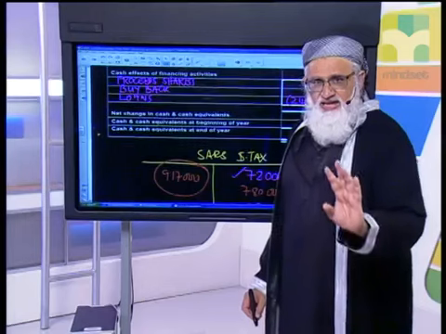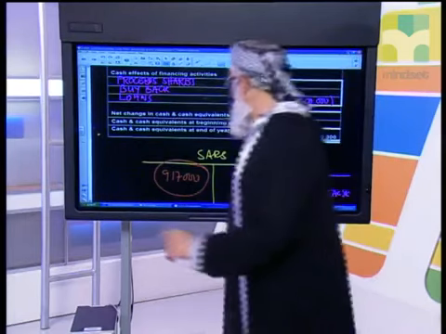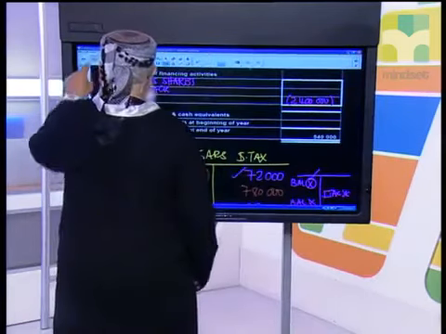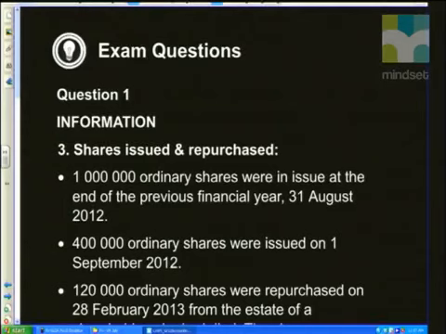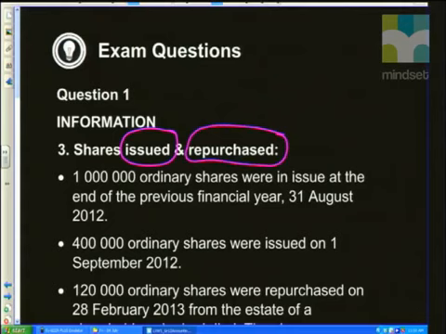Very, very important. Let's look at the information that we have regarding our shares. Shares were issued and repurchased. So immediately the question is telling you, yes, you issued shares, and two, yes, you also repurchased shares.